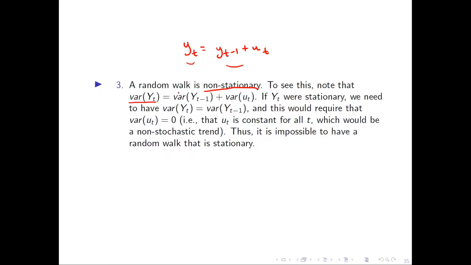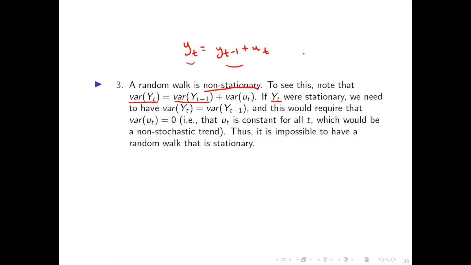So if yt as a process were to be stationary, then we would have a constant variance, right? And we can only have a constant variance if the variance of yt is equal to the variance of yt minus 1. But if these two are equal, then the variance of the error term has to be 0, which is not a stochastic trend.